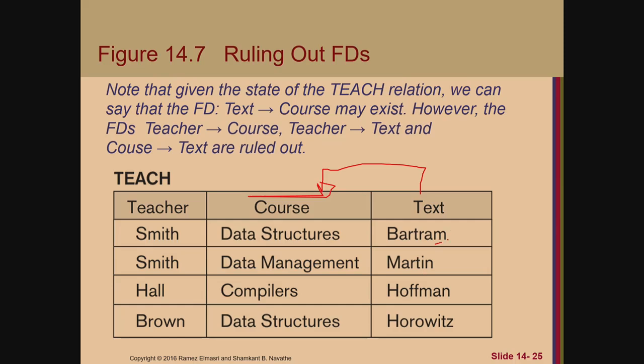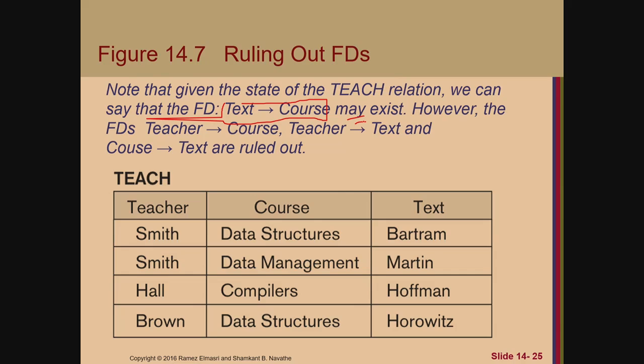If we know text, we know course. If we know text Martin, we know the course is data management. It may exist, but not for sure, because we don't have redundant text here, and we just have a small data set.